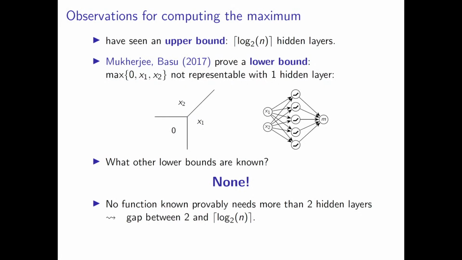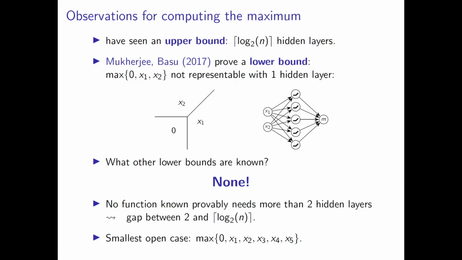So it could be that 2 hidden layers are enough to represent all the continuous piecewise linear functions. But maybe it's not. Maybe it is. I don't know. Together with this upper bound, there's a gap between 2 and logarithm to the base 2. And that used to be the case until very recently, as I will tell you now.